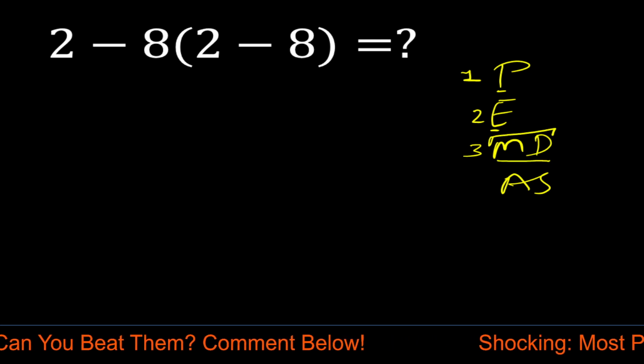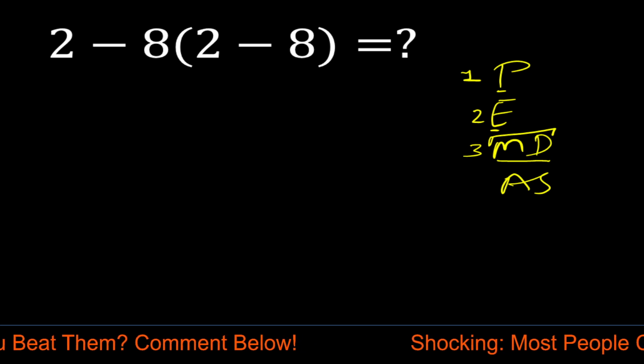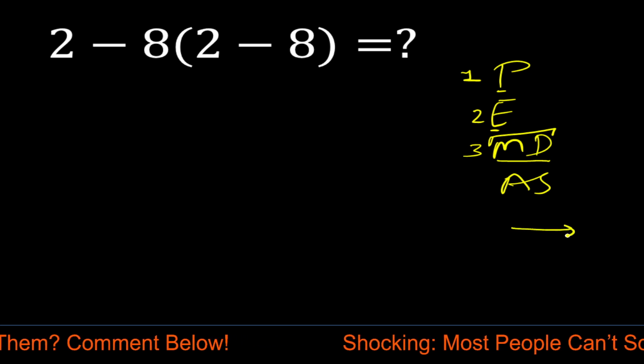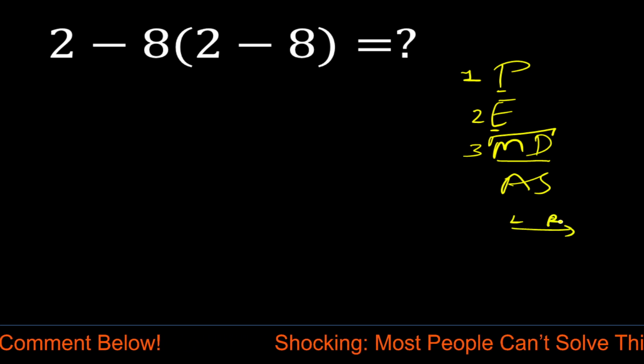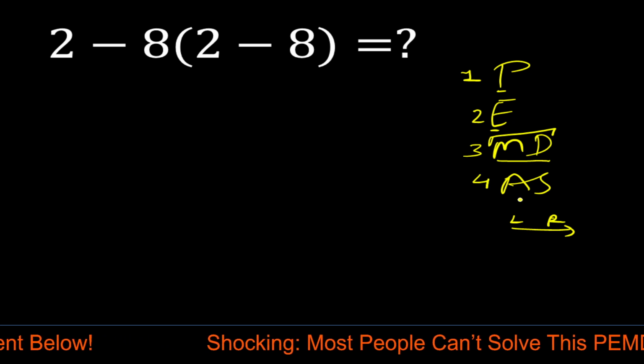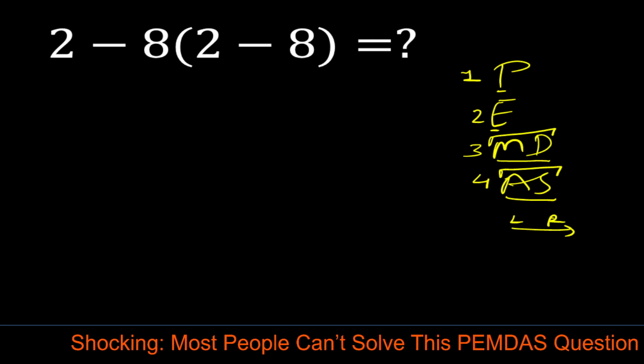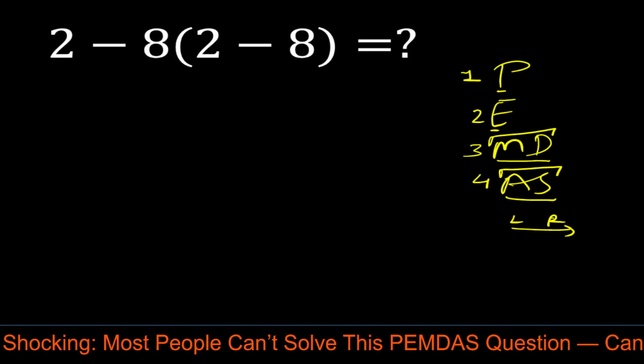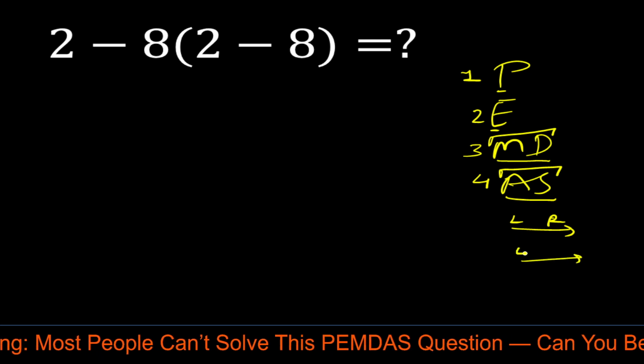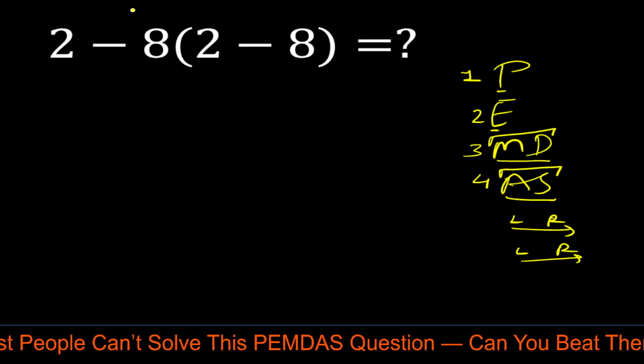Here multiplication and division both have equal priority, so we have to solve from left to right. Then fourth and last priority is addition and subtraction. Also addition and subtraction both have equal priority, so we have to solve from left to right.